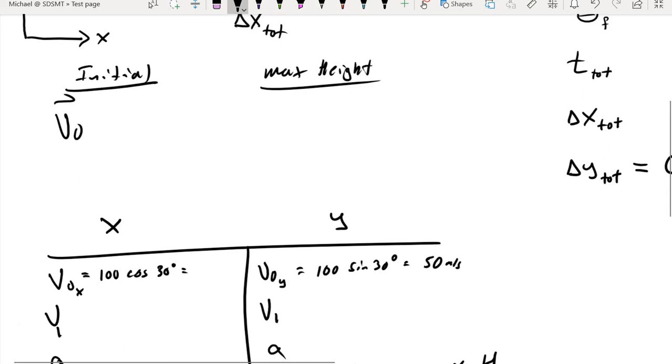I'm going to open up my calculator app here. Here we go. 100 cosine of 30 is 86.6 meters per second.